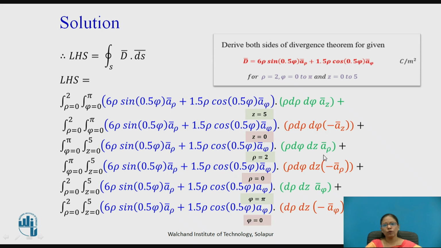Similarly, for plus a rho, I will take the upper range of rho, which is 2, and for minus a rho, by default the lower range of rho, which is not specified here, is 0. Similarly, in the integration where there is plus a phi, I have taken the upper range, phi equal to pi, and for minus a phi, I have taken the lower range, that is phi equal to 0. So these things shown here in the colored boxes are nothing but the constant values for the particular surface. For this surface the constant value is this, for this surface the constant value is this, and likewise.